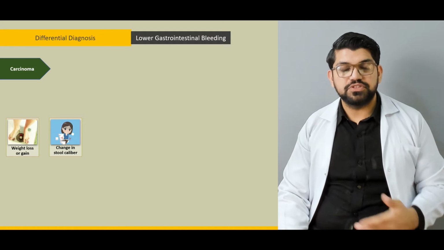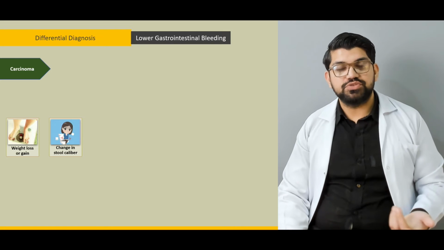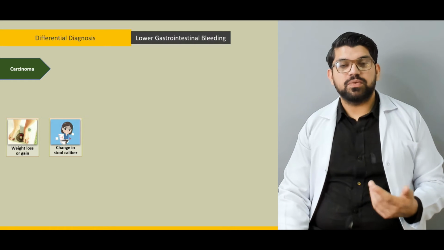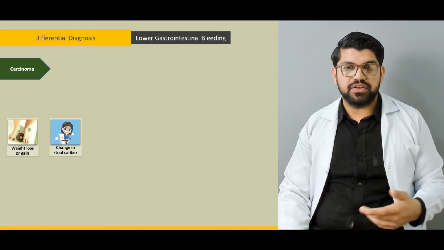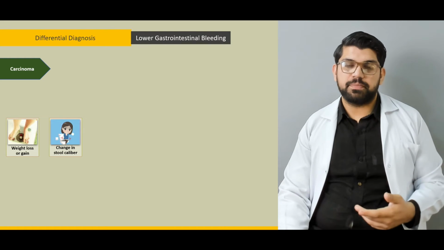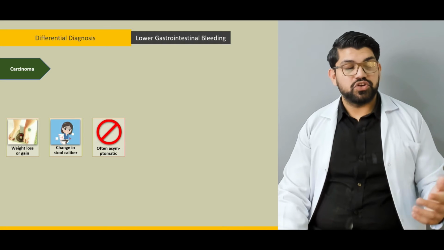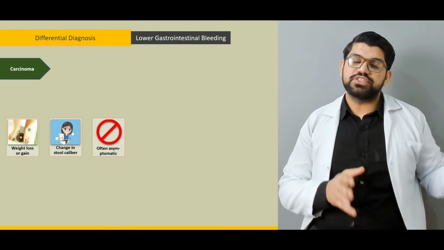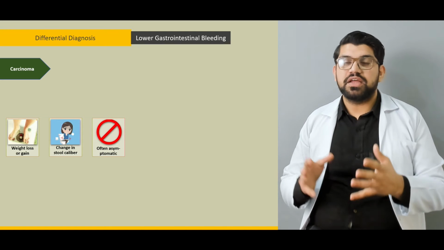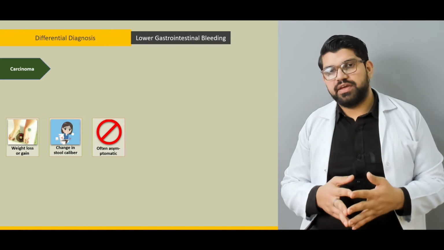Multiple risk factors include diabetes, being bedridden or bedbound, and patients with prior histories or adhesions, who can present with carcinomas and have a history of similar complaints in the past as well. Often asymptomatic. Carcinoma, as I mentioned before, takes time to develop. It is a series of pathophysiological steps that occur while developing a carcinoma. It usually is asymptomatic.